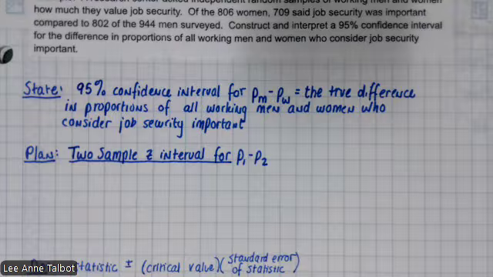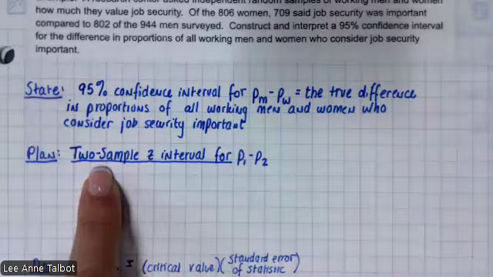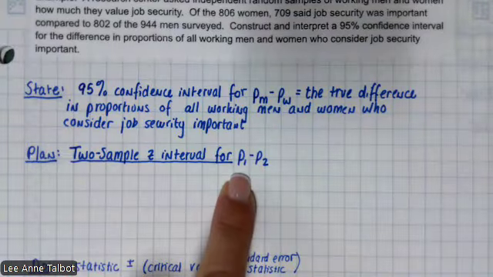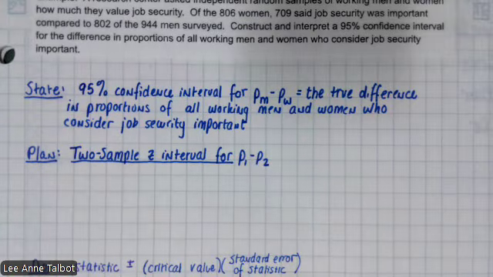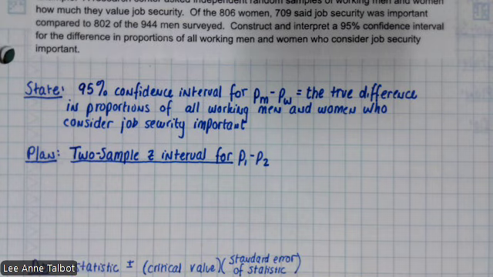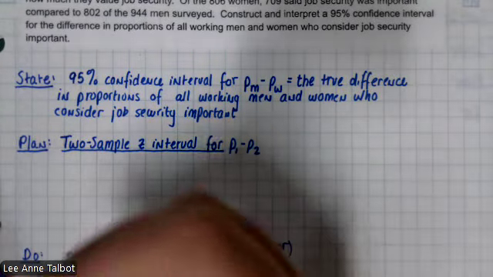Do you guys understand that now you have two different options to put there? So you have one sample Z interval for P, or two sample Z interval for P1 minus P2. Those are your only options right now. You're going to have a lot more options, as you can tell from the back of your yellow sheet, at some point. But right now, those are your only two options. You good? Okay.